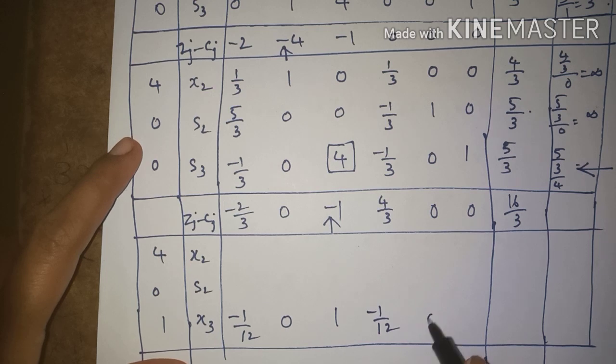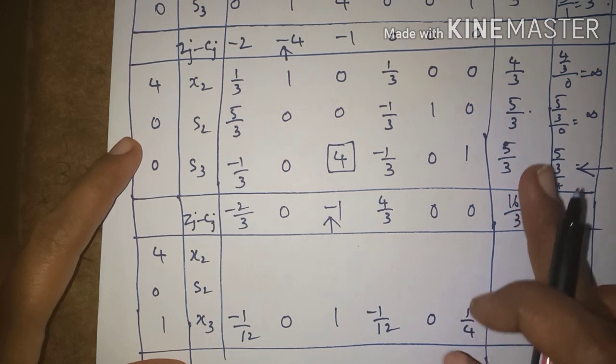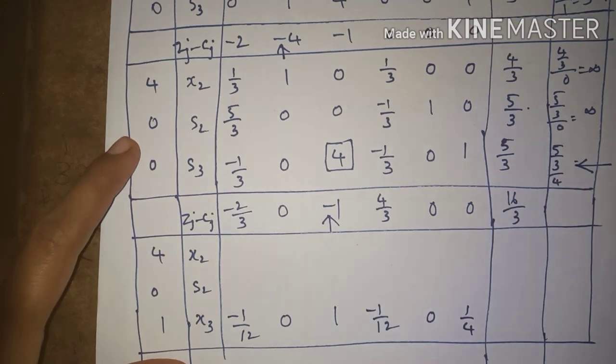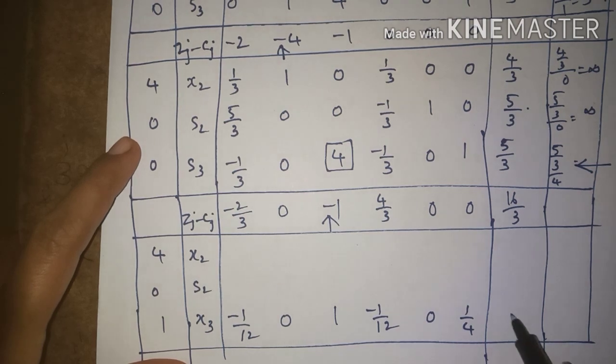0 by 4 is 0. 1 by 4 is 1 by 4. Here 5 by 3 by 4 is 5 by 3 into 1 by 4, which is 5 by 12.